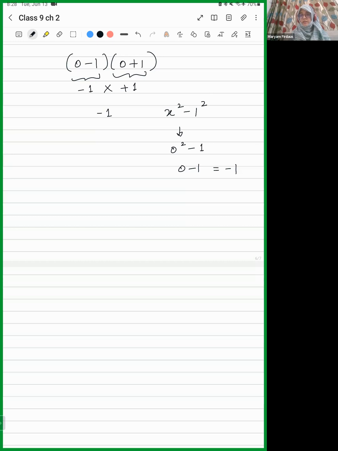Now P of 1, what is P of 1? P of 1 is not 2.